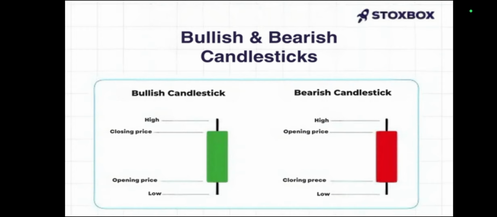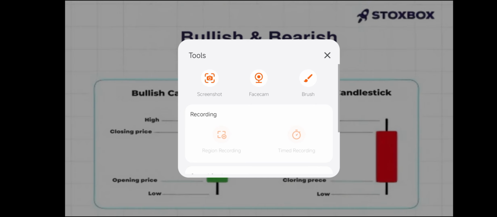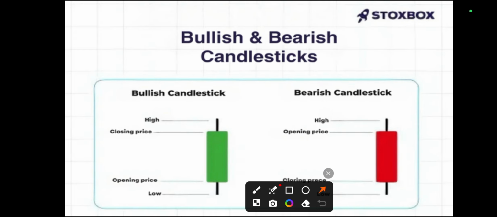So, bullish and bearish candlesticks. On the bullish candlestick, you can see this very small stick here. That is the wick. This stick here is what we call the wick of the candle. It's also called a shadow. This is the body of the candle, and this is the wick.